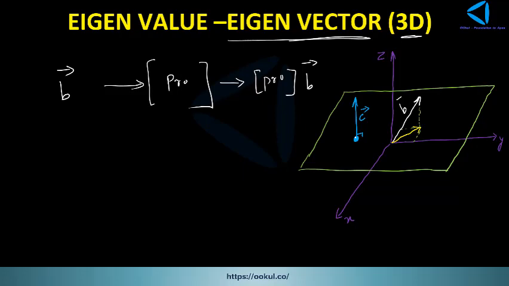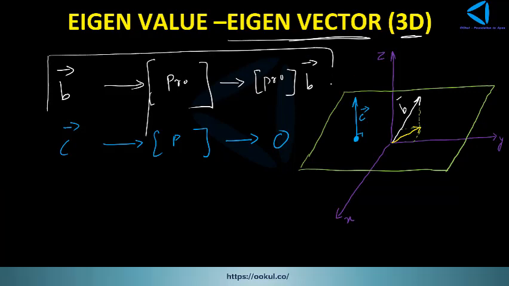So if you give vector c, in the projection it comes as 0. So in the first case, it is not any eigenvector. In the first case, there is no eigenvector out of the plane.